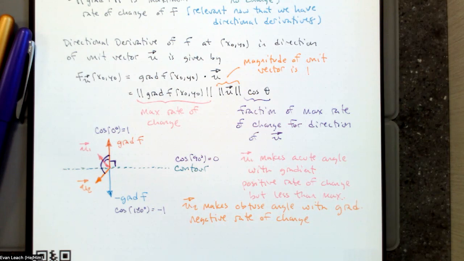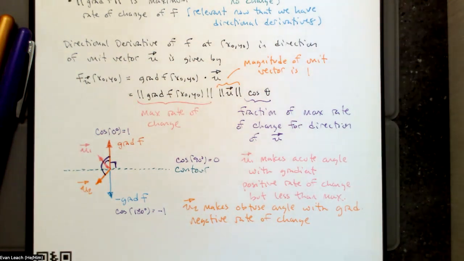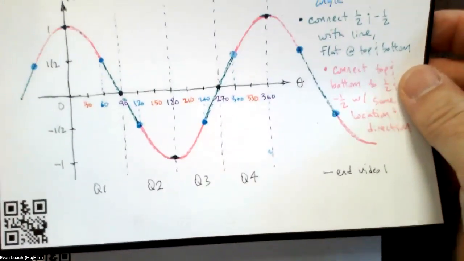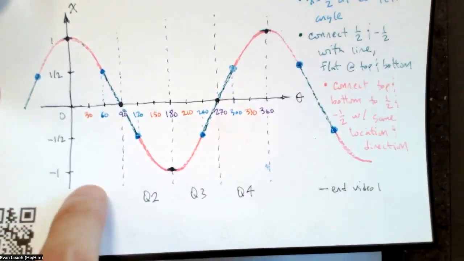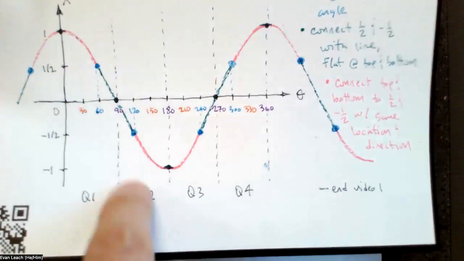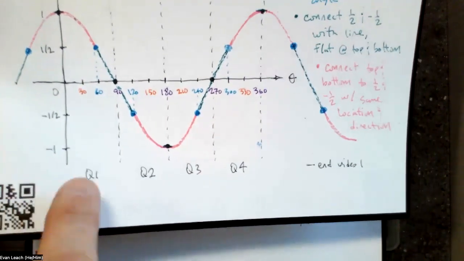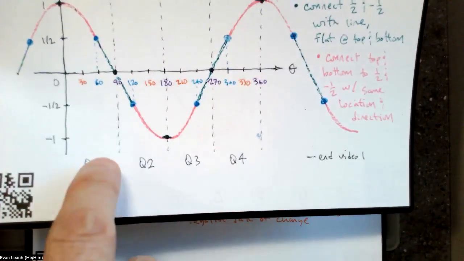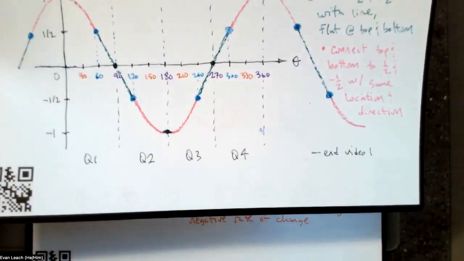Any questions? Super convenient. In trig, we drew a cosine graph. In the first quadrant, cosine is positive. In the second quadrant, cosine is negative. For theta between 0 and 90 degrees, we have a positive multiplier. For theta between 90 and 180, we get a negative multiplier.